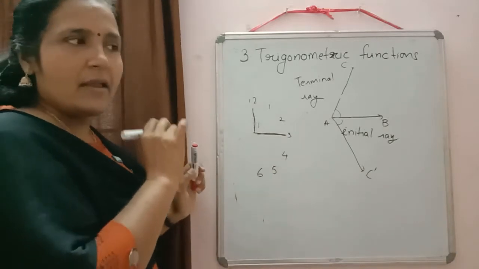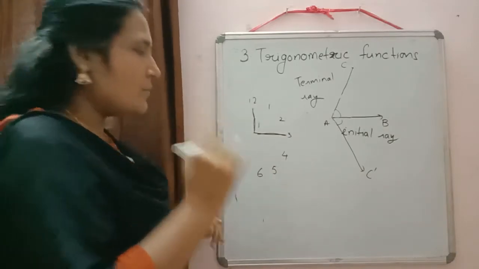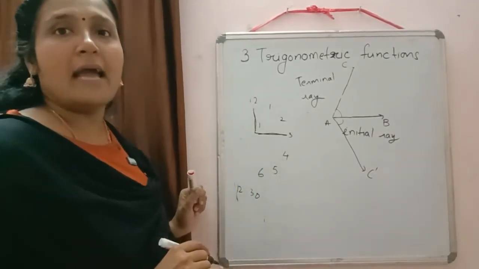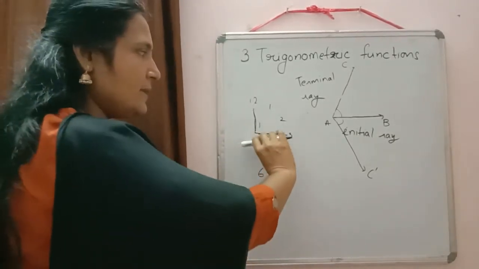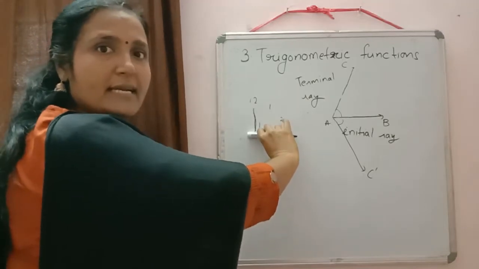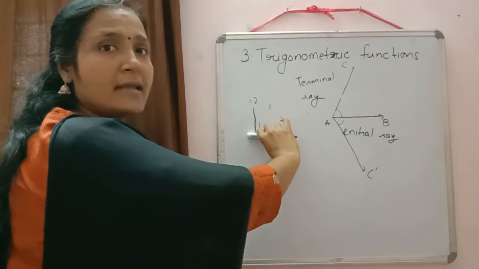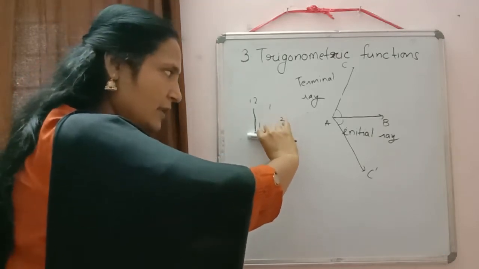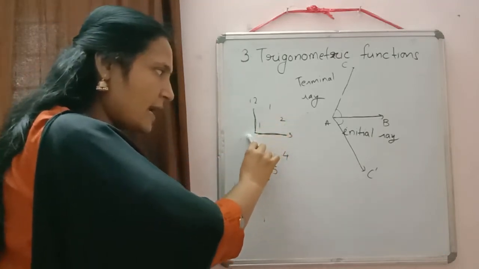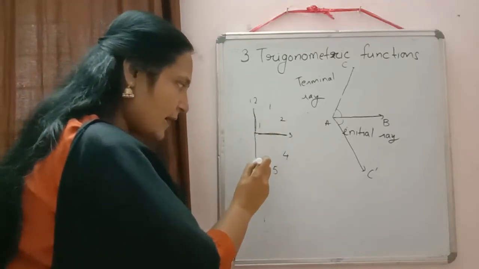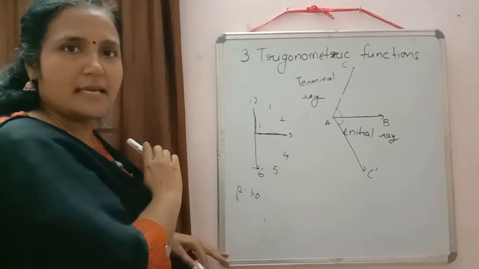Now when the time is 12:30, what will be the position of the minute hand? At present the minute hand is here. Yes, the minute hand will go in this way. The minute hand will reach the point 6, correct? When the time is equal to 12:30, correct?